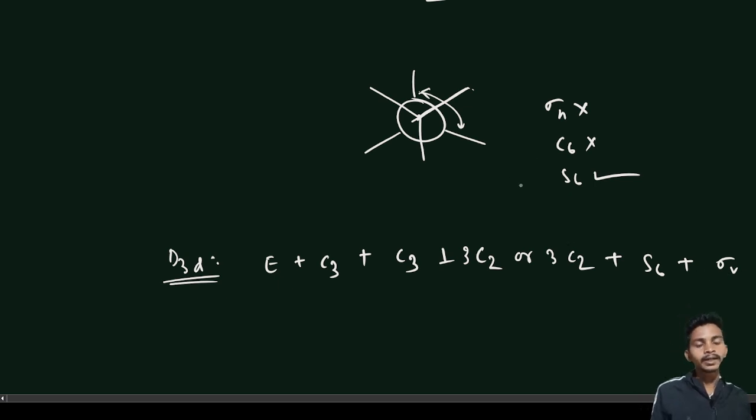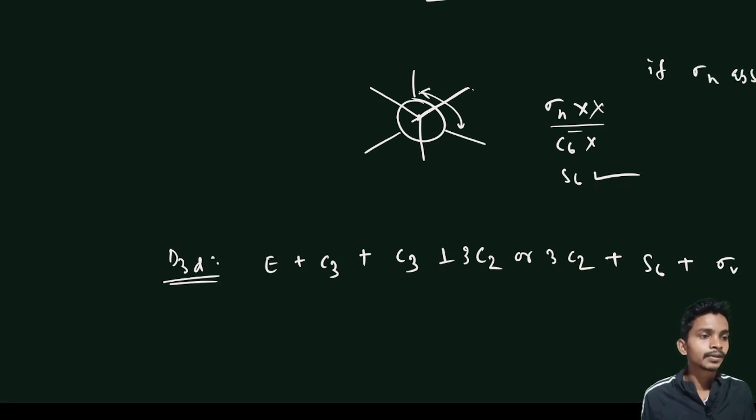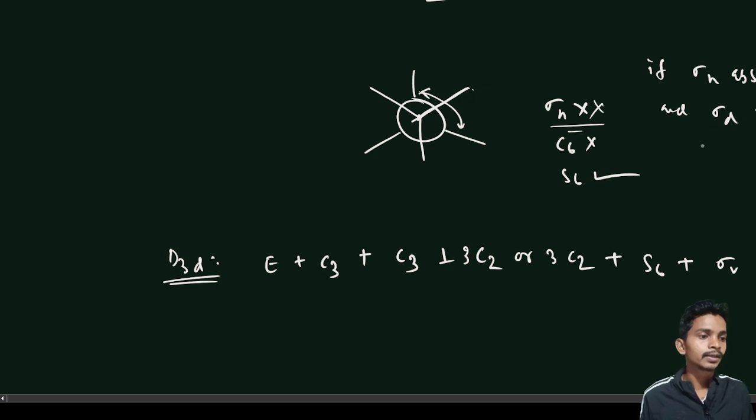And we know that if the dihedral plane is there, and if σd is there and σh is absent, then what we know is that if σh is absent and σd and σv are present, then all σv are considered as σd.